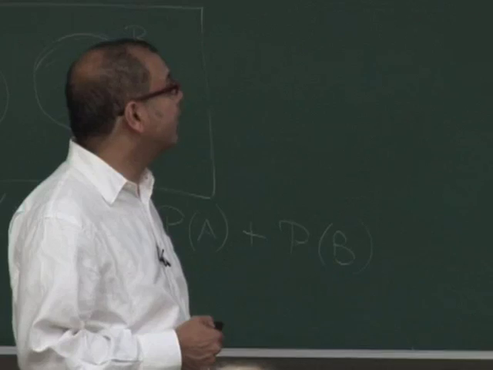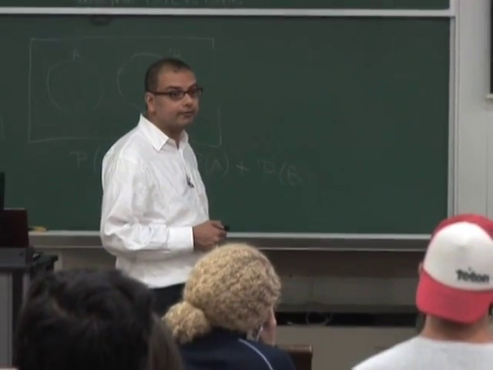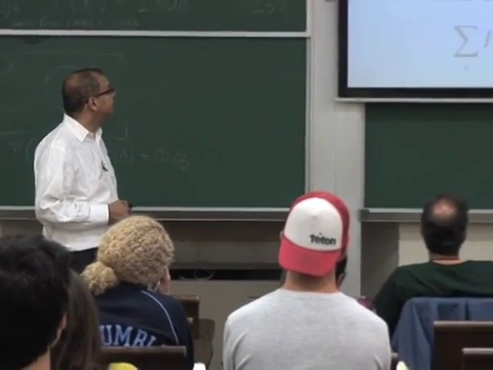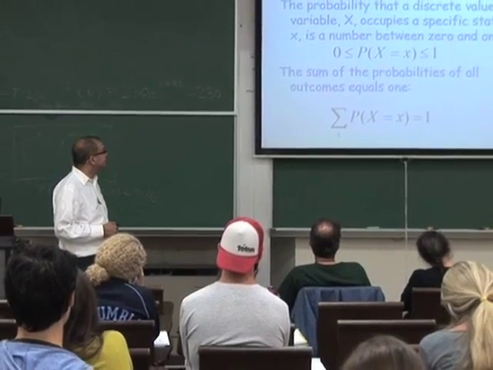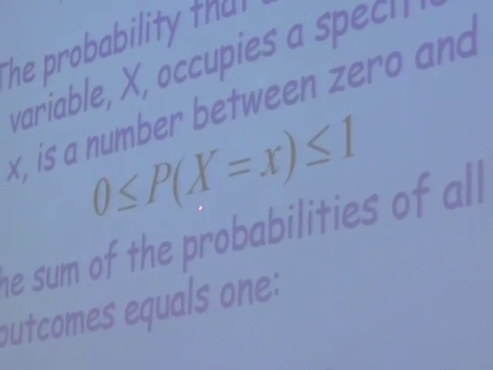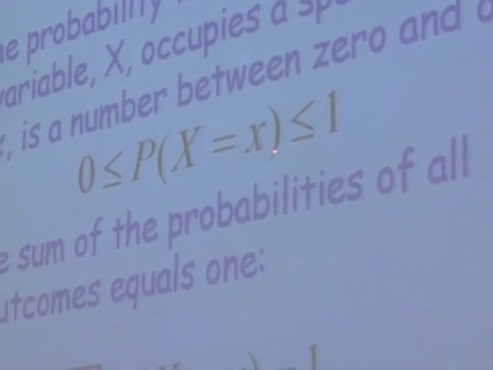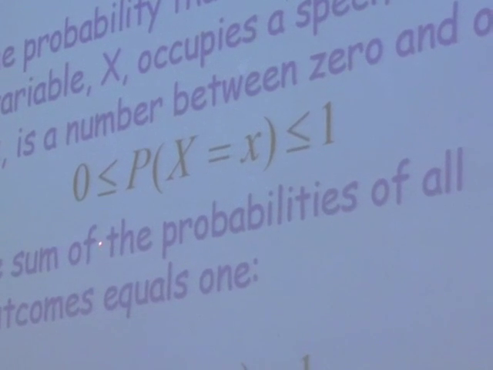If we're talking about a discrete valued variable, then it can take on some value 1 and 2 and 3 and 4 and 5 and so on. Then I could simply express the following axiom, that is, the probability that x takes on a particular value has to be less than or equal to 1 and has to be greater than or equal to 0.